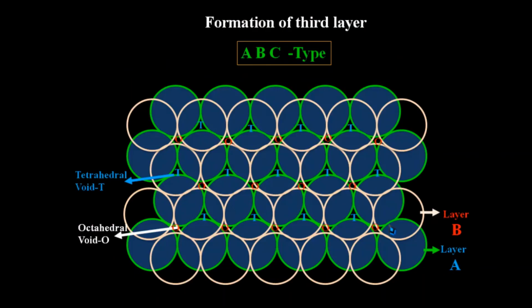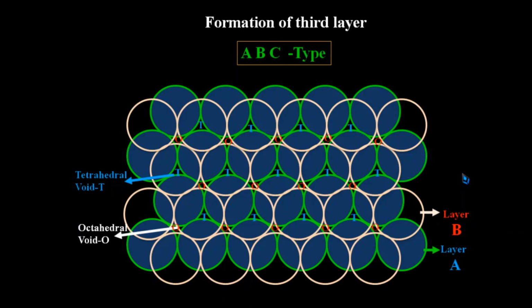Then here we discuss the formation of the third layer, but here we cover the octahedral void. When we cover the octahedral void, the spheres of the first layer or the second layer are not aligned with the spheres of the third layer. That means the third layer which is arranged here is not identical in arrangement with the first layer as well as the second layer.